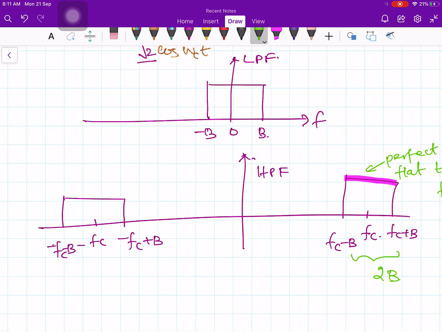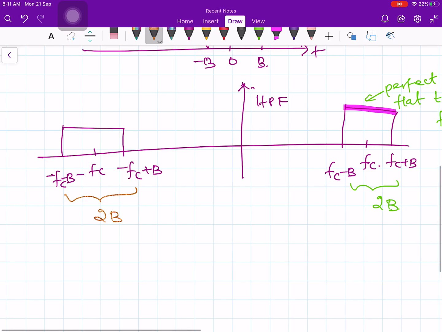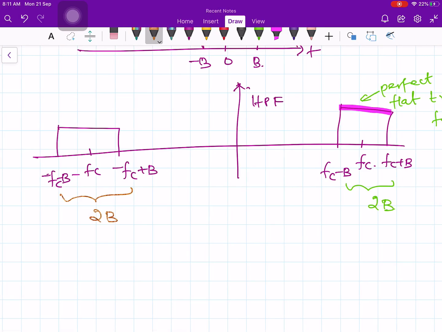Similarly, we will have the negative side also, between minus Fc minus B and minus Fc plus B, again a bandwidth of 2B. So here the mathematical bandwidth is 4B for the purpose of calculating the noise power, but the conventional bandwidth is 2B only.